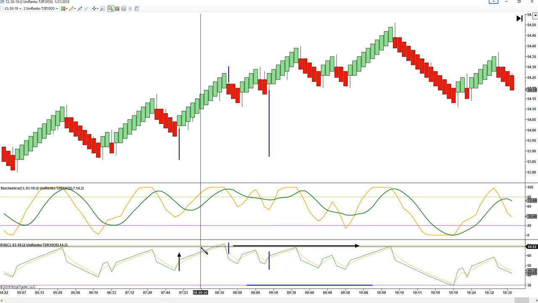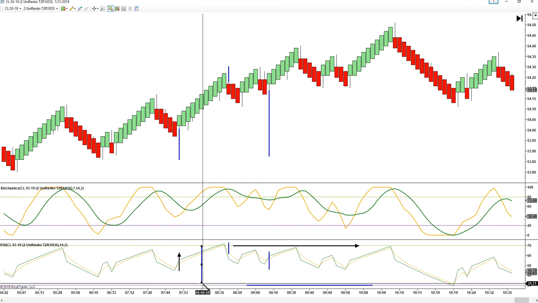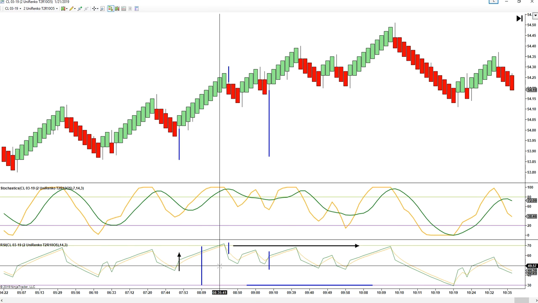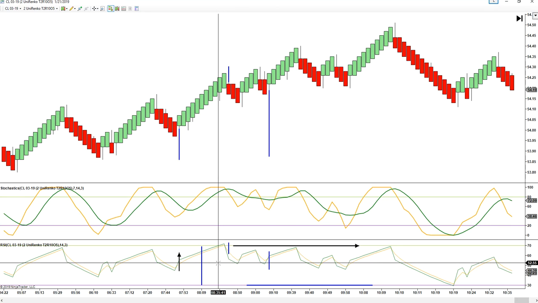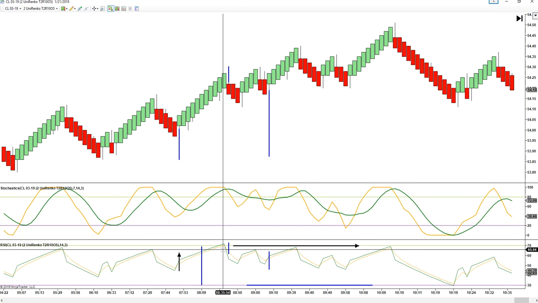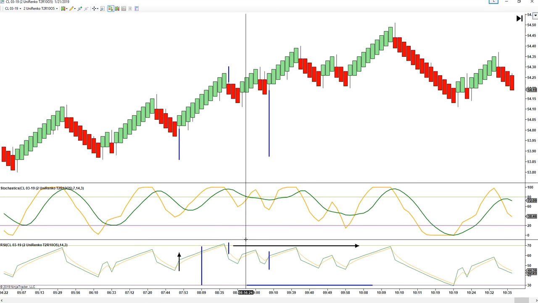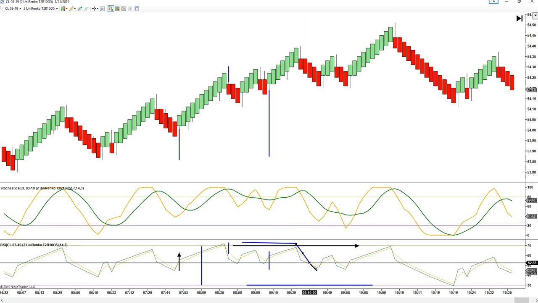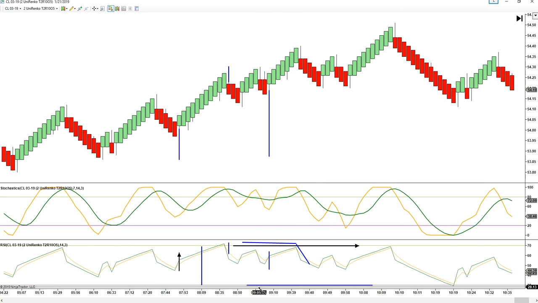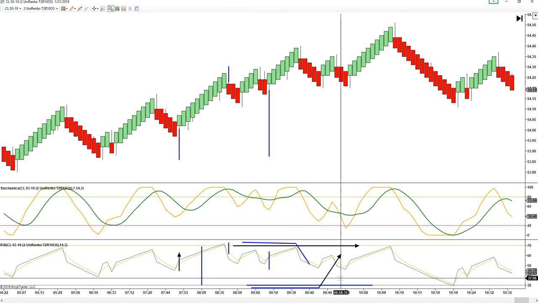In here, this is sort of the area where you don't want to trade. The point of using an oscillator is to take a short trade when the market's overbought and then collapses, or a long trade when the market's oversold and then rockets up.